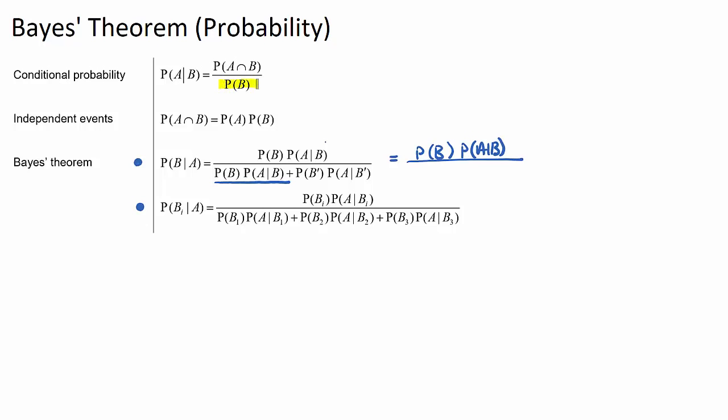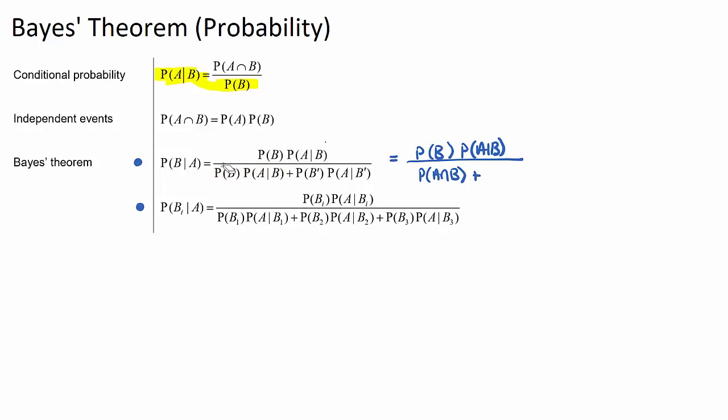If we multiply the probability of B by the probability of A given B, that is just the probability of A and B. So instead of writing this, I'm going to put the probability of A and B, and then we have plus.